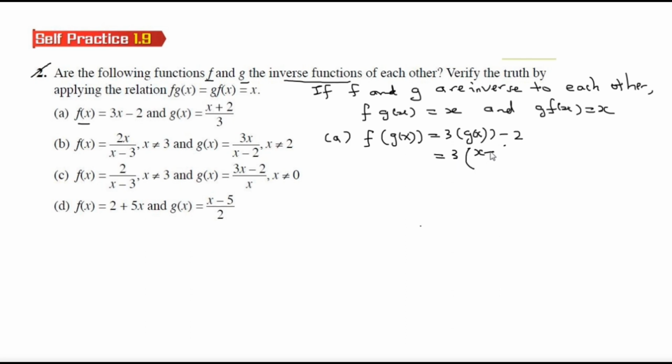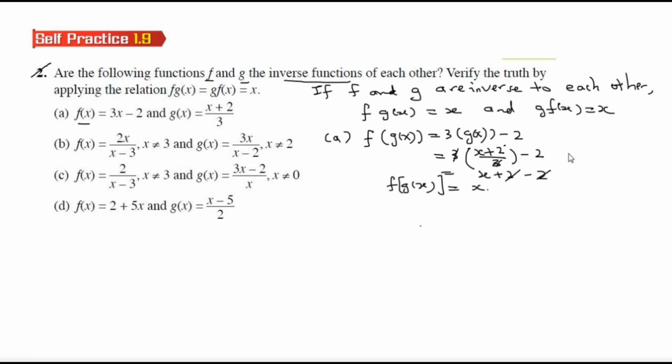Our g(x) is (x plus 2) over 3, minus 2. 3 over 3 is 1. So 1 times x is x. 1 times 2 is 2. 2 and minus 2 cancel out. So we show that f(g(x)) is equals to x.